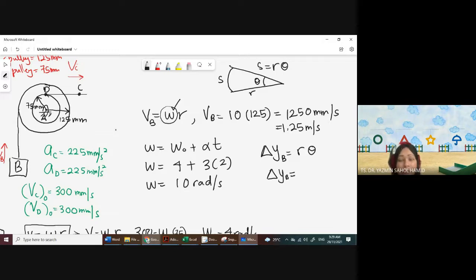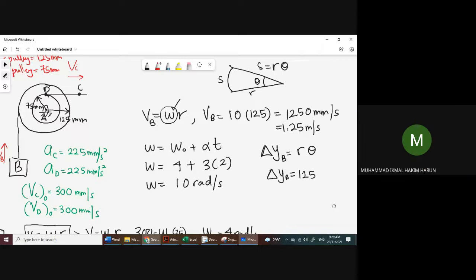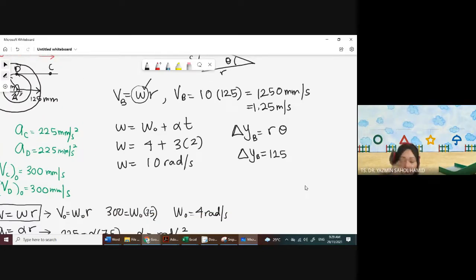Okay, berapa kita punya R? Sebab dia outer radius, kita ambil 125 lah. Okay, berapakah theta yang kita dapat tadi? Kita dah dapat theta tadi kan? 14. 14 apa unit? Rad. You all suka tertinggal unit. So, the change in position is 125 times 14.